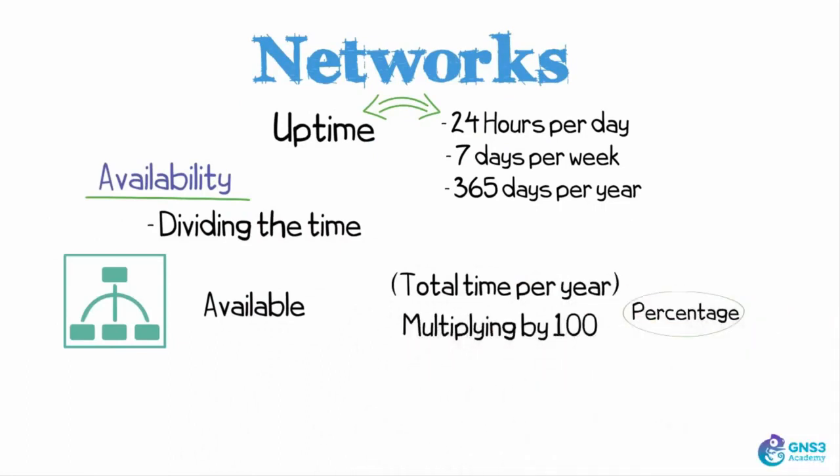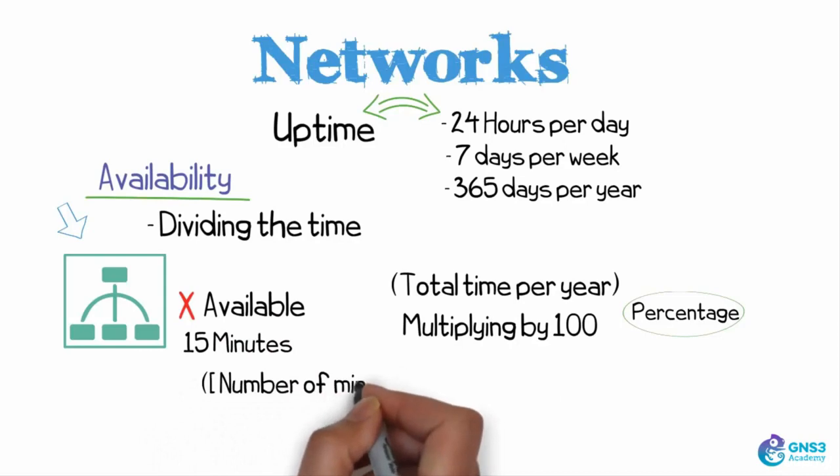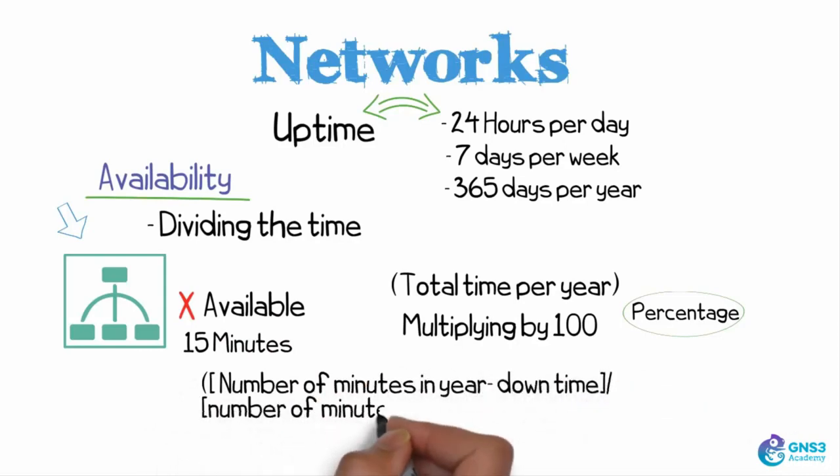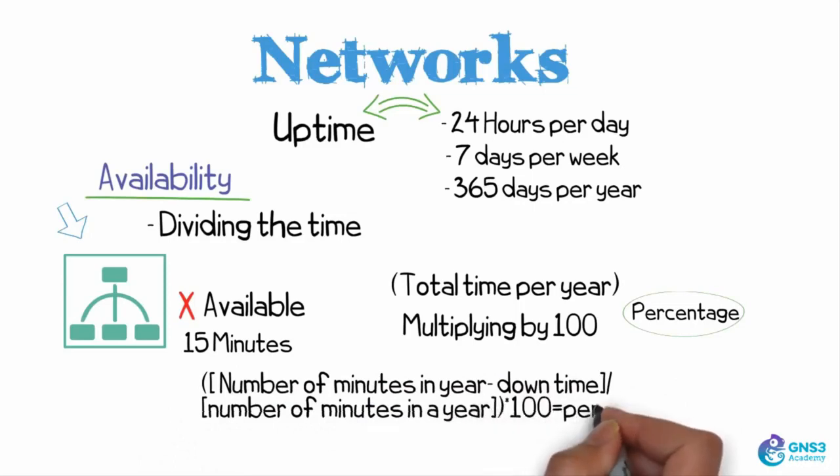So as an example, if the network is not available for 15 minutes in a year because of network outages, you can calculate the percentage availability as follows. Number of minutes in a year minus downtime divided by number of minutes in a year times 100 equals percentage availability.